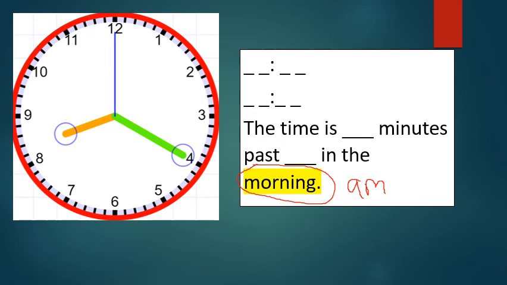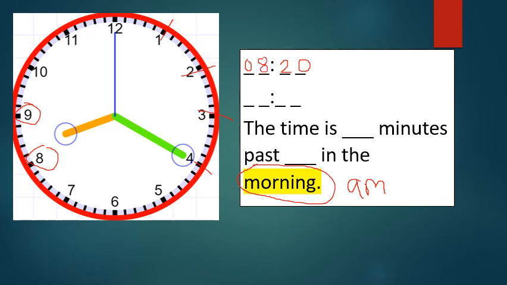So we're going to tell the time first. I'm going to do the minutes, 5, 10, 15, 20. It is 20 minutes past. Remember to circle those if you'd like. It's past the number 8. So it's 20 minutes past 8.